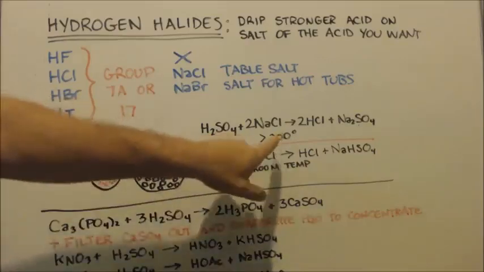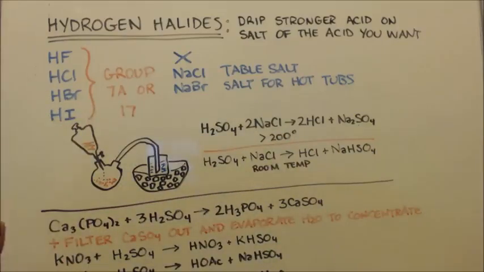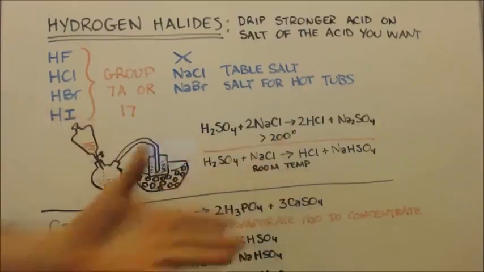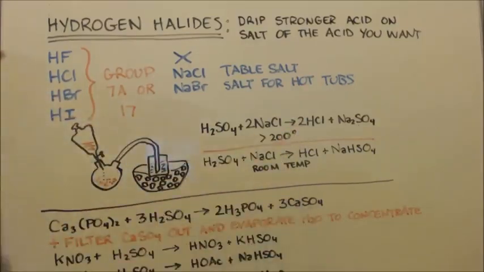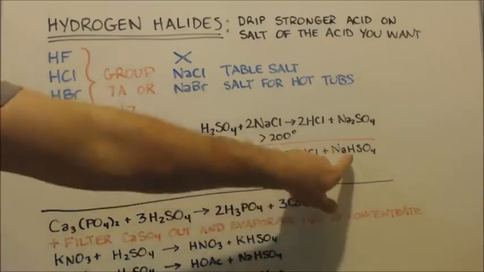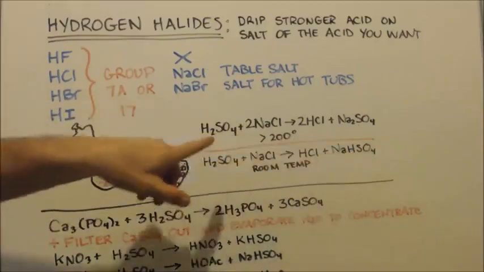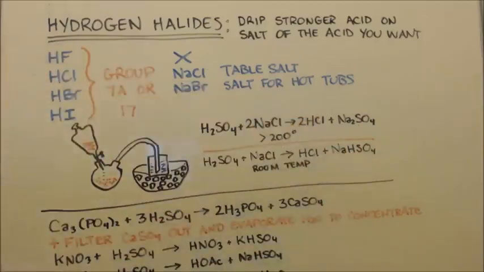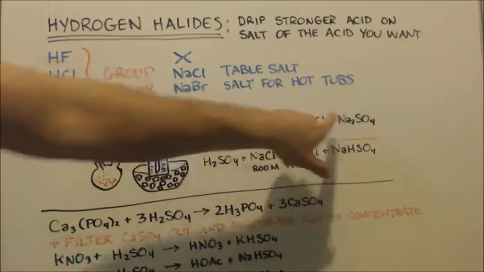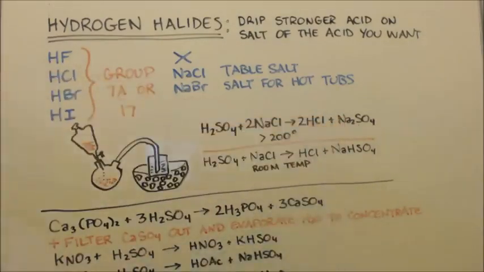You have to take it up to, I think 200, maybe Fahrenheit, I can't remember. But you have to take it up to 200 degrees, maybe it's Celsius, I don't know, for the bisulfate to react and make more hydrogen chloride. Okay, and then if you have it at 200 degrees, you would be doing this.